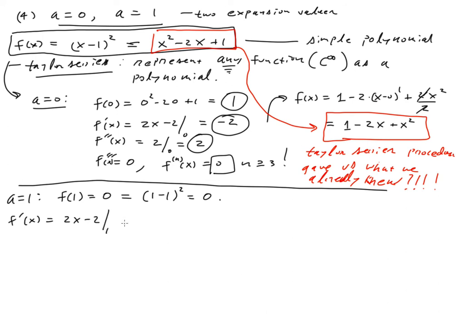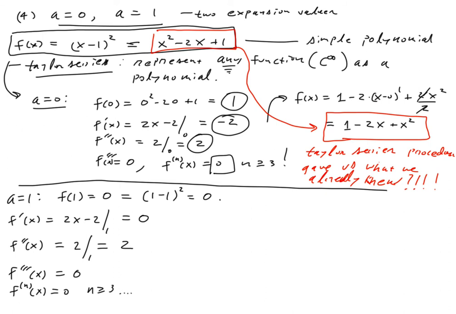We're now going to evaluate at 1, and we end up with 0. Now f double prime of x, I evaluate at 1, and we get 2. Now I go f triple prime of x. We get 0. And any nth derivative is going to be 0 for n greater than or equal to 3. We already established all of that.